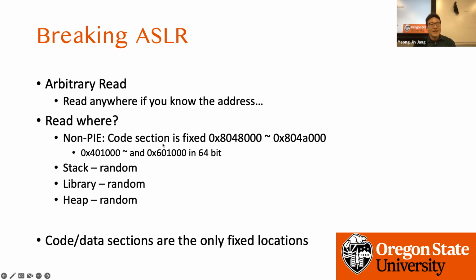From there, we can take a look at where the library is, where the heap is. If we find all the locations, and you have the capability of launching the arbitrary read an unlimited number of times, then you will eventually have the full view of the memory. It's something like you are hacking, opening up everything in the DRAM.